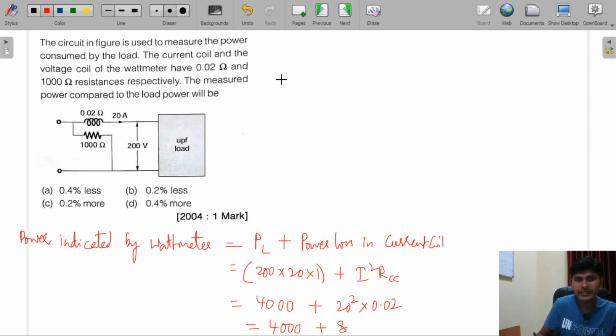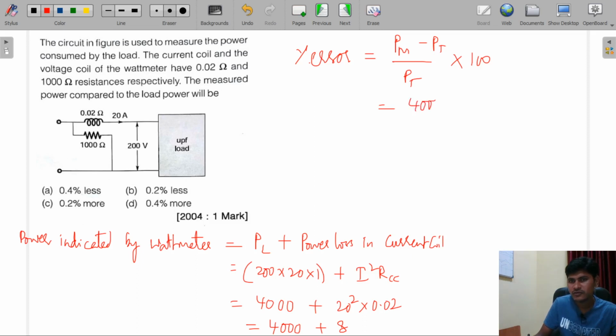You're going to find the error, right? So percentage error is equal to measured value minus true value by true value into 100. What is the measured power? Measured power is 4008 minus 4000, true power is 4000, by 4000 into 100.